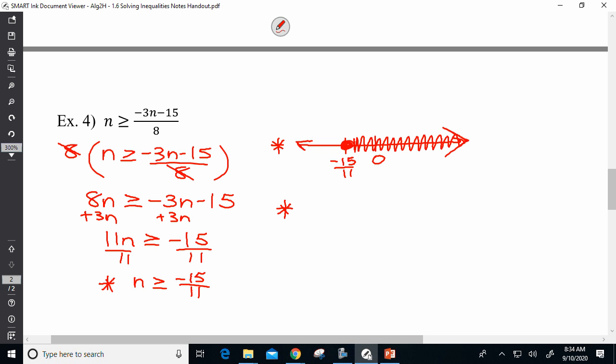For interval notation, since the number is coming first before the shading, the number goes first, and then infinity will come after it. Parentheses always on infinity. Since it's greater than or equal to, put a bracket. So there's your solve, there's your graph, there's your interval. Any questions with problem 4? Any areas of clarification?